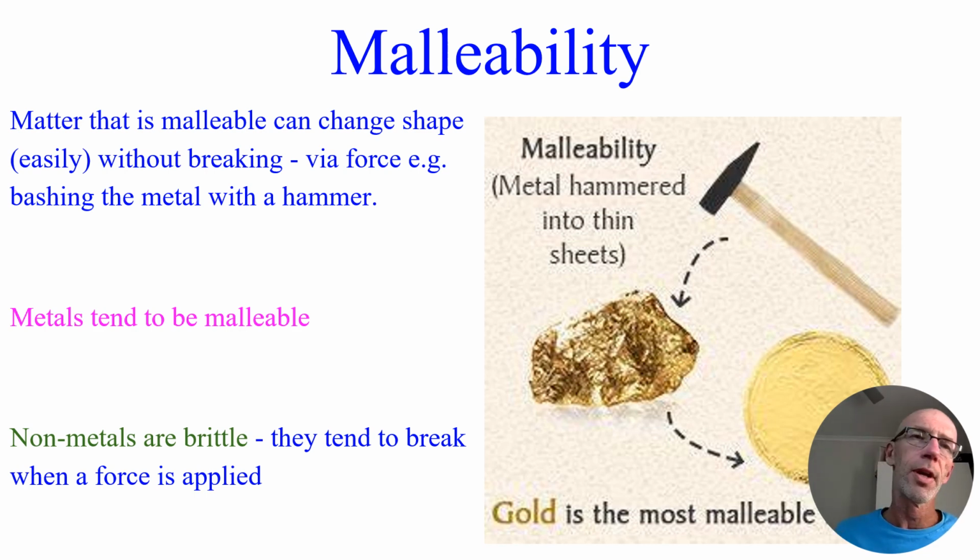If we bash them with a hammer, we can change the shape of them. Think about some of the metals, some of the alloys that are in your kitchen, in your garage, etc. Non-metals are the opposite, and the opposite of malleability is whether it's brittle. So non-metals, when we bash them or exert a force on them, tend to break.